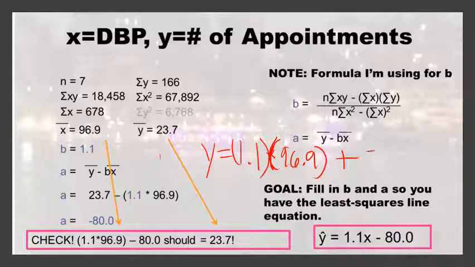Plus, get rid of the negative, minus 80. Okay, so if you multiply these two and then subtract 80 from it, and you still get 23.7, which is your y, then you definitely did this correctly.